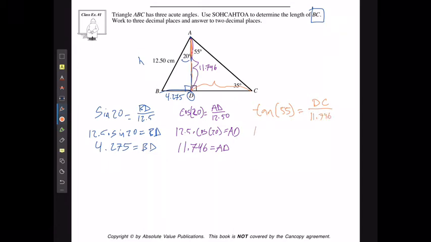Which means that 11.746 multiplied by tan of 55 is going to equal DC, which is going to be the same as 16.775.